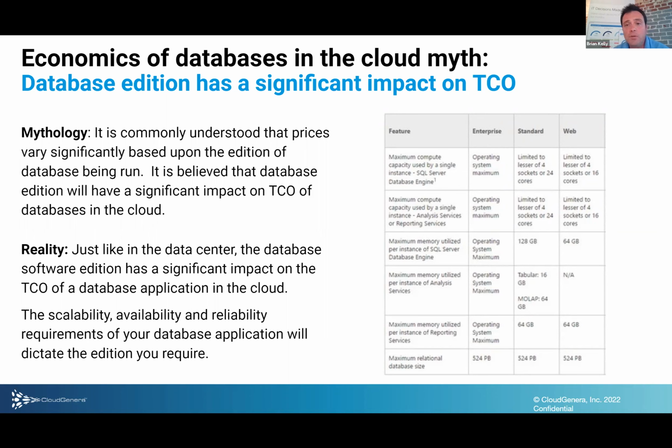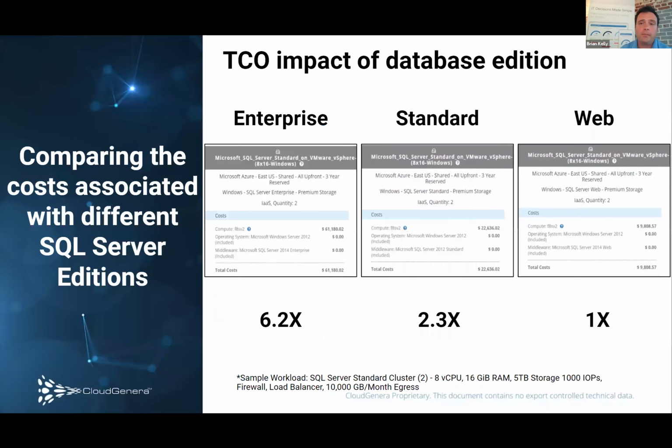So building off that SQL Server example, an enterprise, a standard, and a web edition are available. In our example today, we focus mainly on the standard edition. But let's unpack what the total cost of ownership delta is based upon an organization's need to leverage different editions of SQL Server.